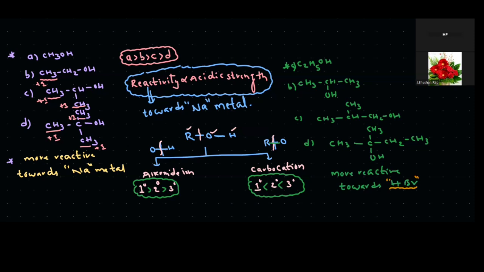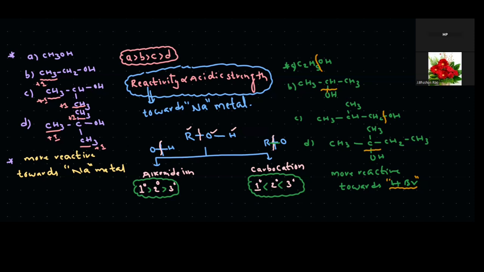After elimination of water, which bond will break here? The carbon oxygen bond will break. This bond will break. Okay, after elimination, which one is more stable in this case? That is also important. So D is always more stable.